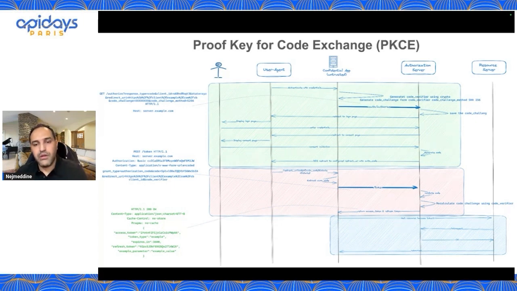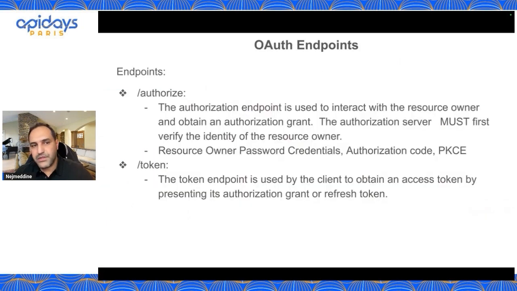After that, it will send back to the consumer the access token and the refresh token, and the client will make a call, as before, to the resource server using the token that it got from the authorization server.